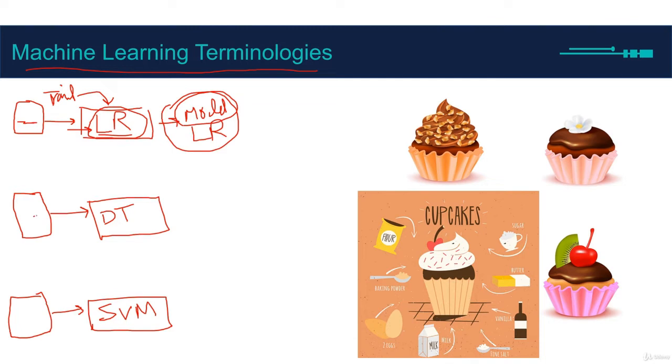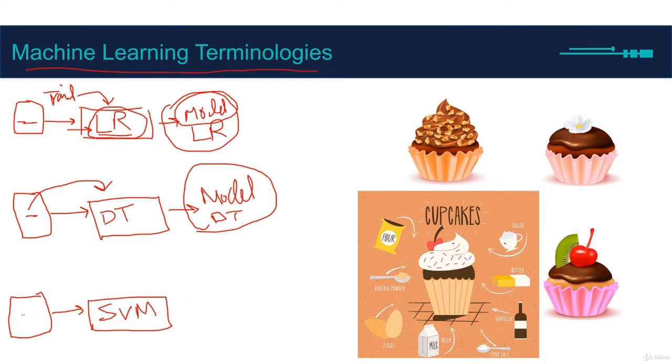Same thing here. I have a data, I trained it to the decision tree. After the decision tree learned from the data, it created a model, another model, and this one is called decision tree model. Why decision tree model? Because this model was created when the decision tree learned, between brackets, found the patterns in that data.